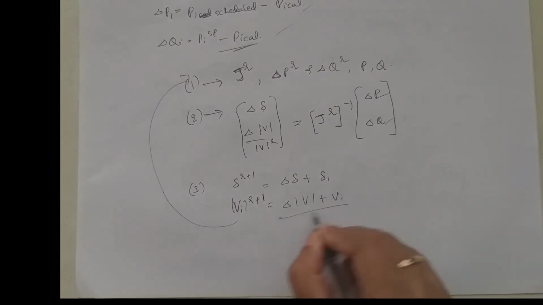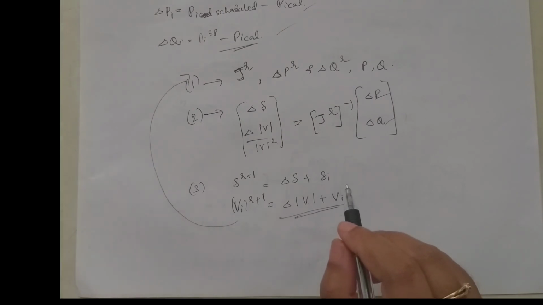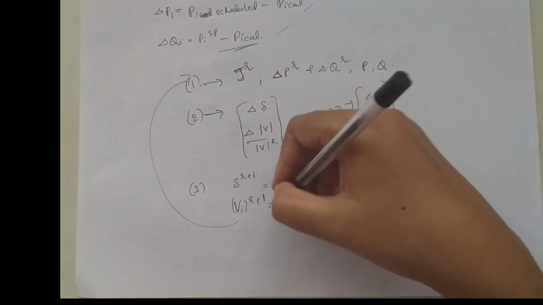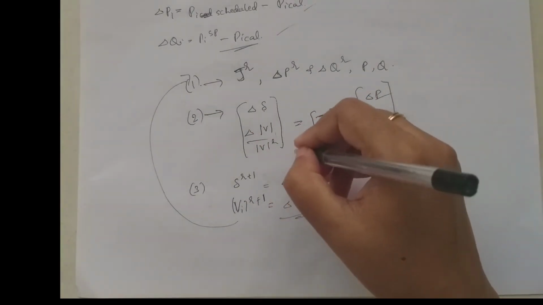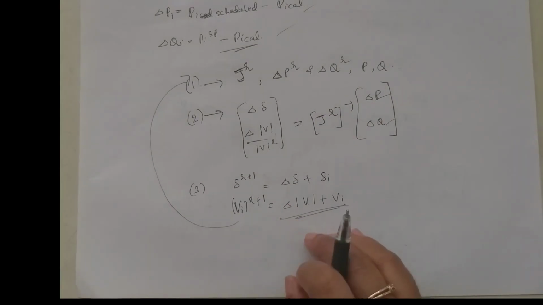Using these two formulas we are going to update. After updating, go to the first step and repeat the procedure until it converges. When it converges, stop, and you will get the output. This is how the algorithm goes.